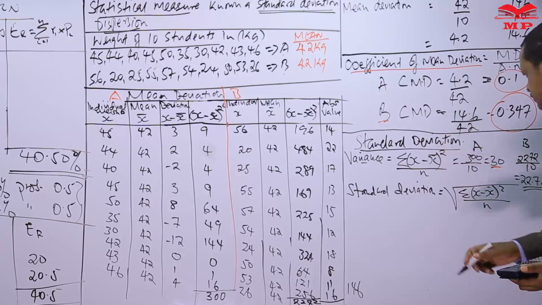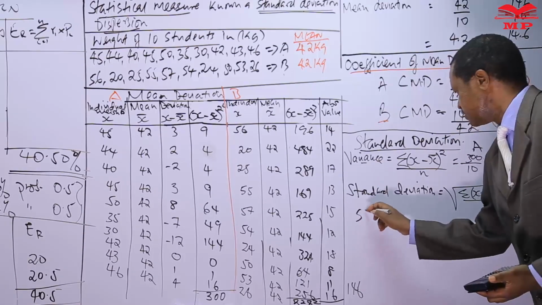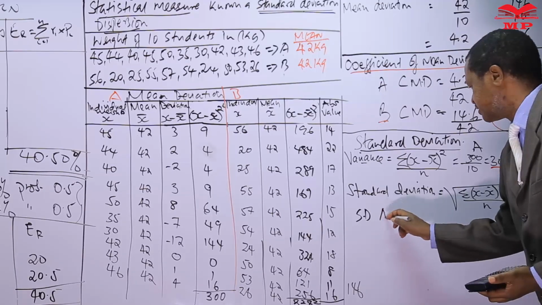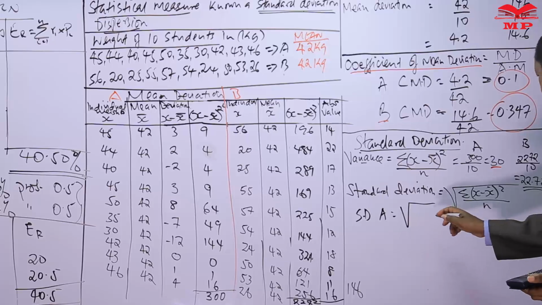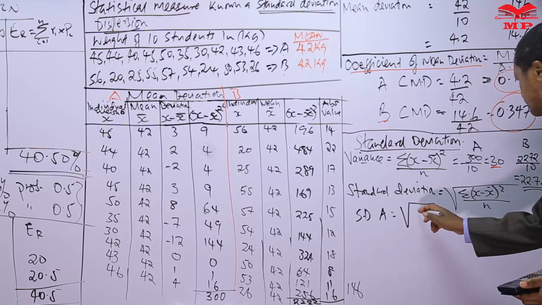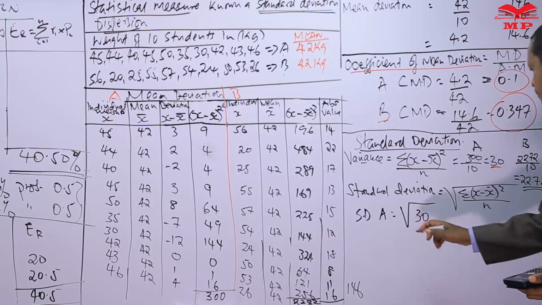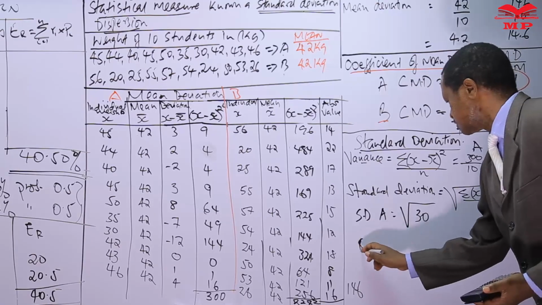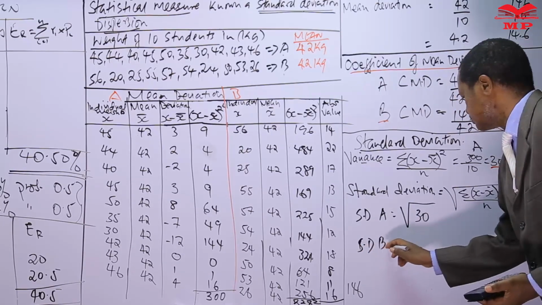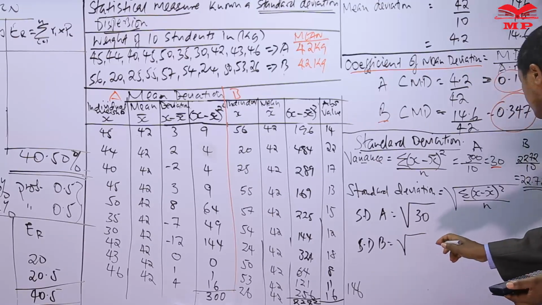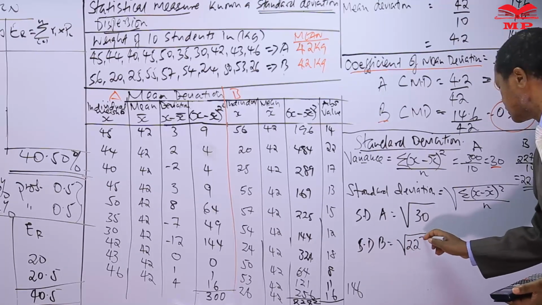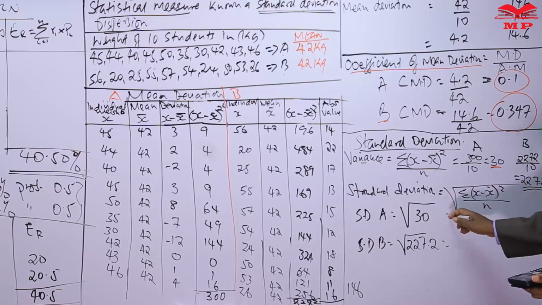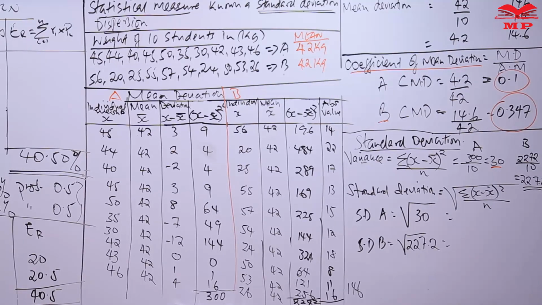So for class A, the standard deviation will be equal to the square root of 30. Class B will be the square root of 227.2.